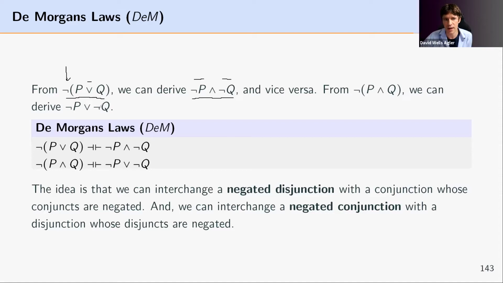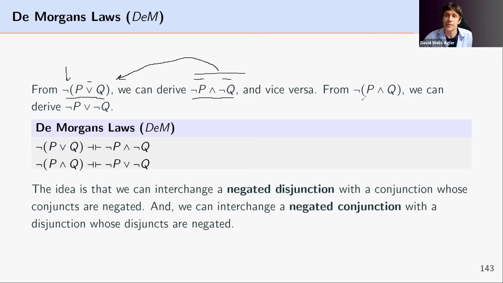So you see that we have this negated disjunction, and then we reason to a conjunction, but you'll note that both of the conjuncts are negated. And it allows you to reason the opposite direction. So you could reason from a conjunction, like this formula, not P and not Q, to a negated disjunction. So it's a rule that allows you to move back and forth between disjunctions and conjunctions.